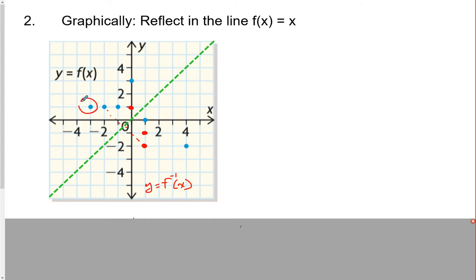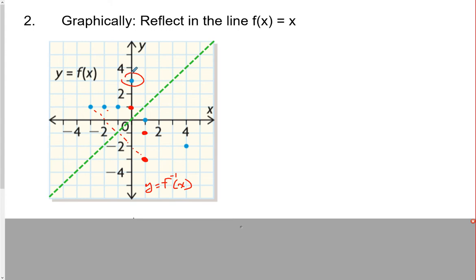How about this one right here? To get to that one, I'm going to go through one box, through 2, so it's going to be right here. So far so good. I've just got a couple left.